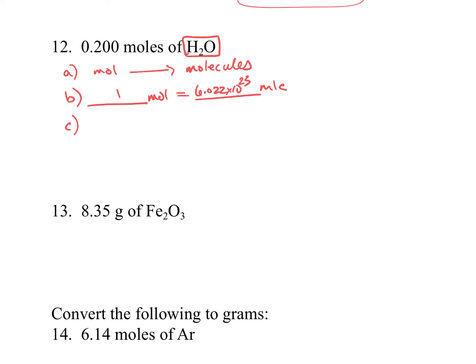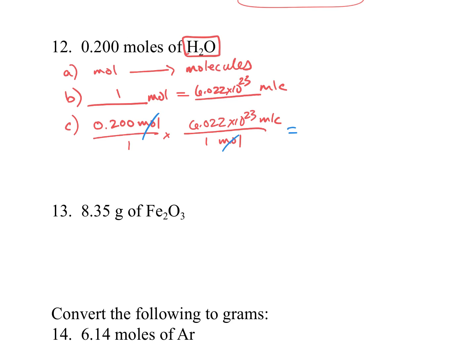So when you set this problem up so that the units cancel, you put the mole over 1, the moles that you start with, so 0.2 moles over 1 times the number of molecules. All of that is divided by 1 mole. In this way, you can see that the units are set up in a way so that they cancel.